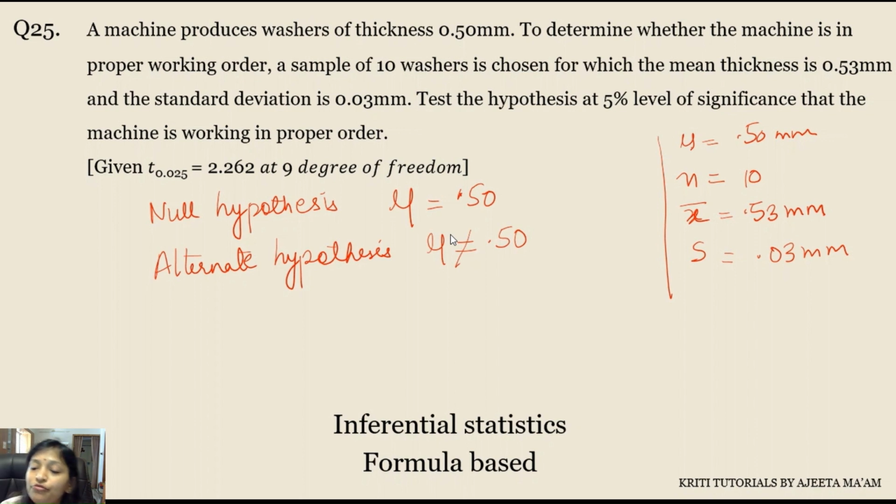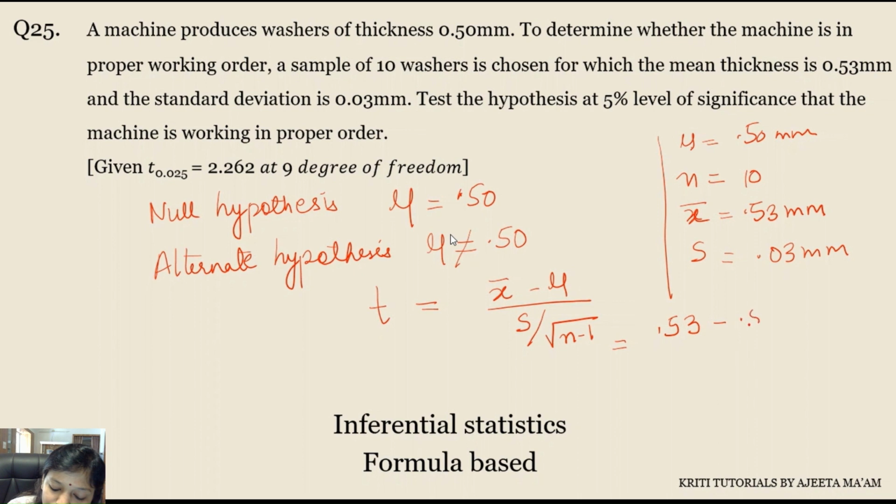Now we have to come to the t-test formula, right? So this is t. What is the formula? X bar minus mu upon S upon root n minus 1. Right? So here we are using root n minus 1. So now what will we get? Let's substitute the values: 0.53 minus 0.50 upon 0.03 upon root 10 minus 1.